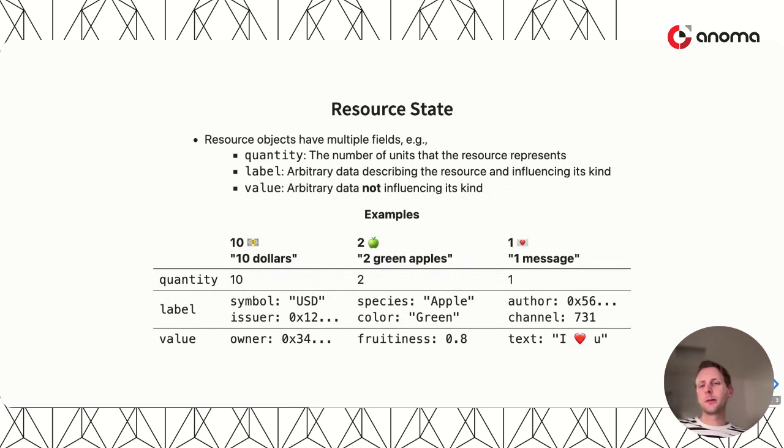It's just another property that this resource has, but it's not influencing the kind. The same for the apple, where we could have a fruitiness value, 80% in this case, or in a message, there would be some text that this message is associated with.